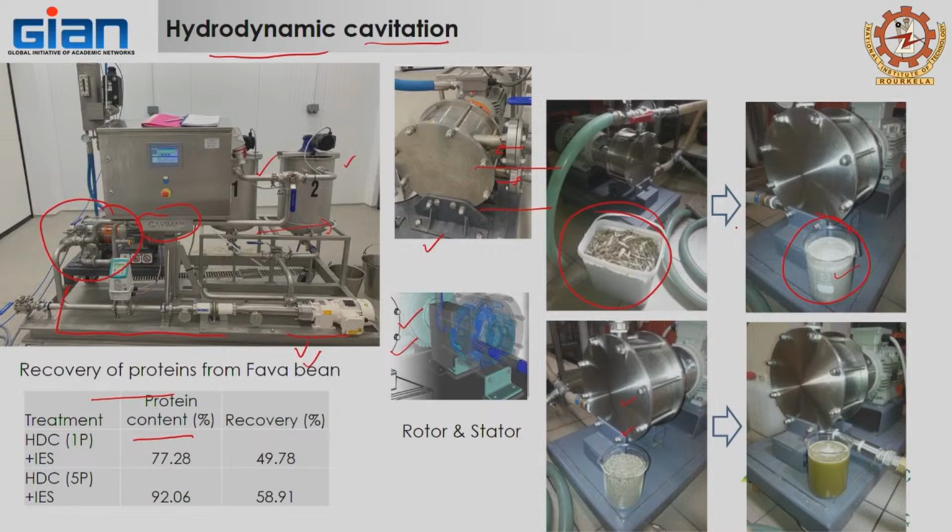Now if you will see this one, HDC plus isoelectric separation or precipitation, whatever you want to call it. Technically it should be precipitation, sometimes we put isoelectric separation. Protein content and recovery. 1 pass, 2 pass means nothing. There is no unit called 1 pass, 2 pass. That depends upon the flow rate and other conditions.